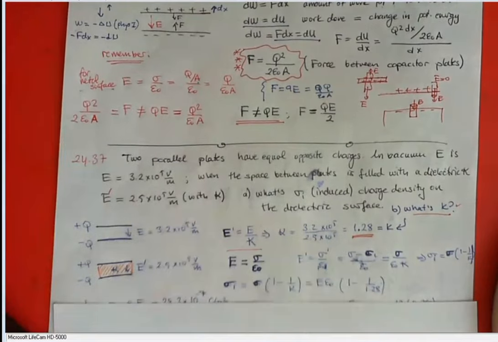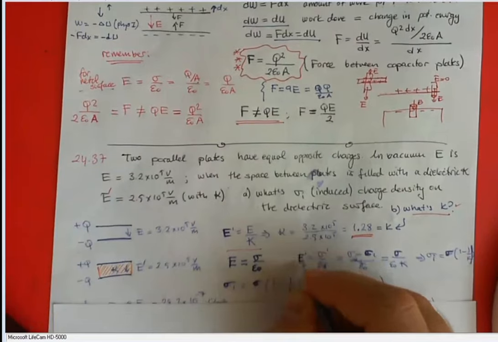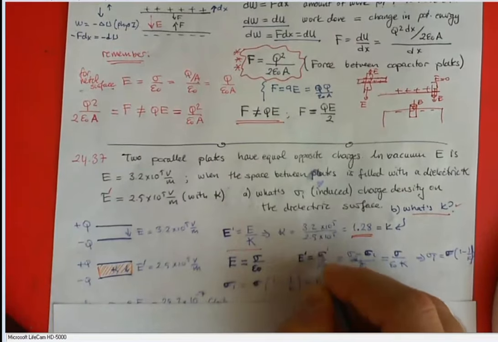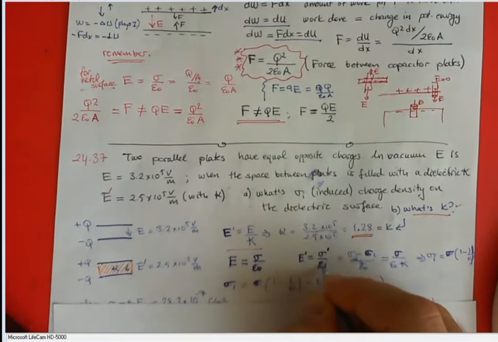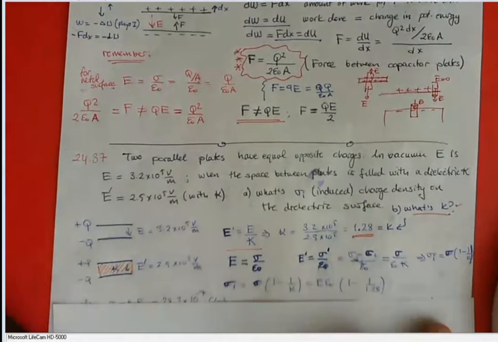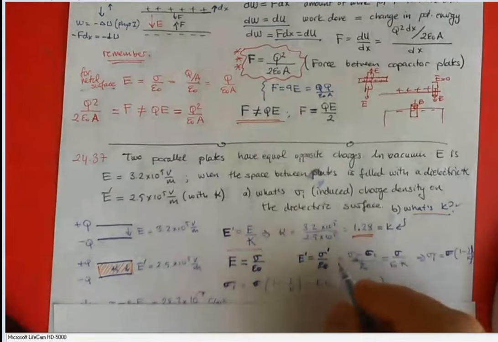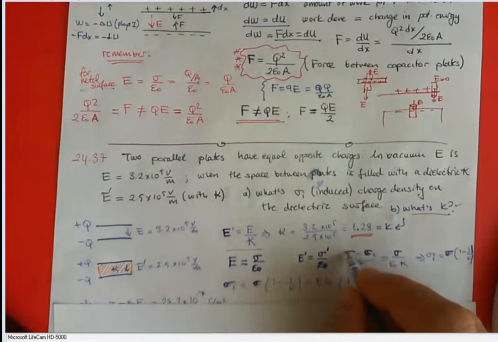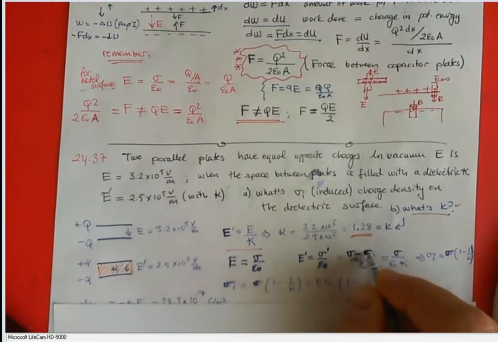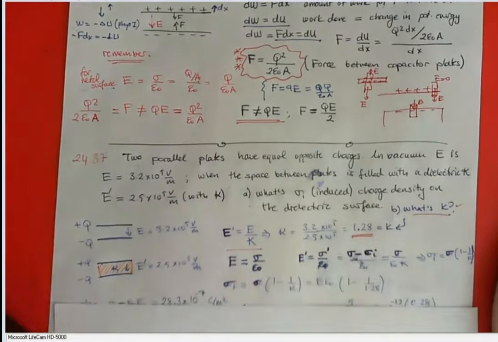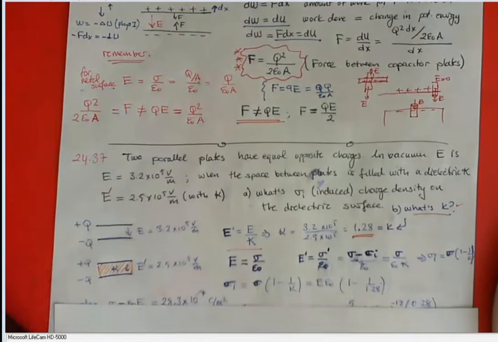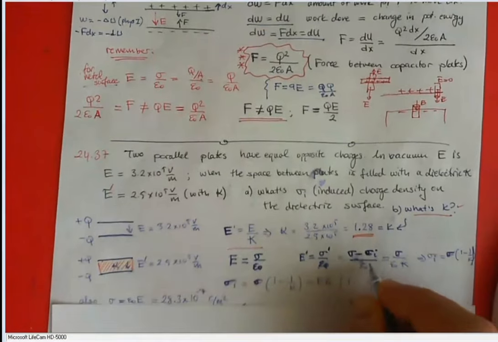The new electric field is sigma prime divided by epsilon 0, and this sigma prime is the original charge minus the induced charge.